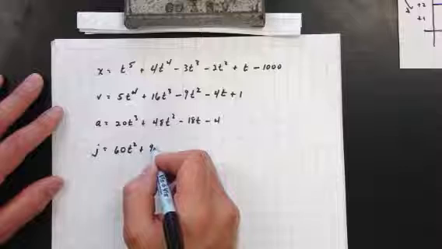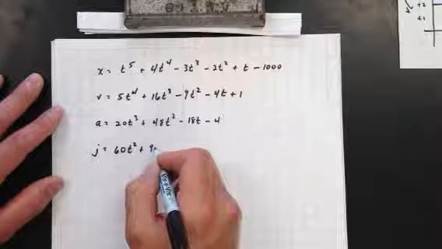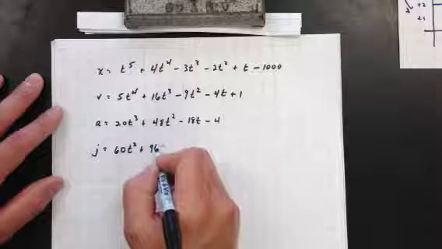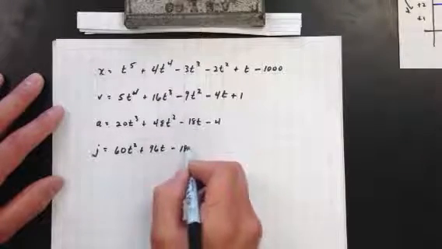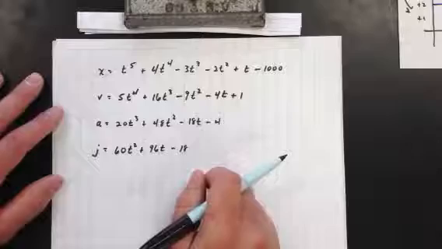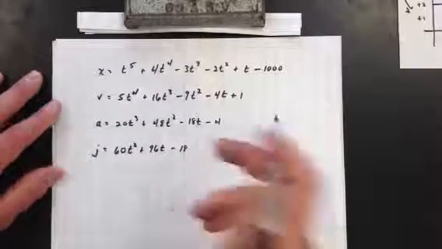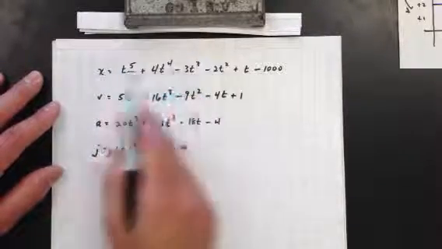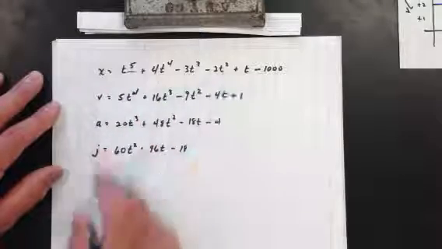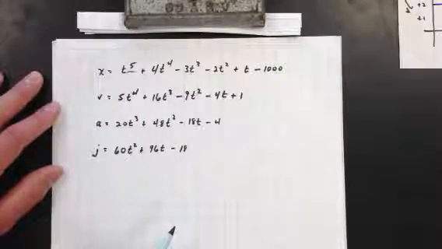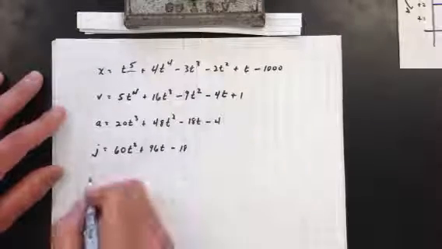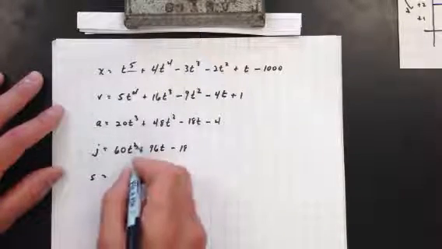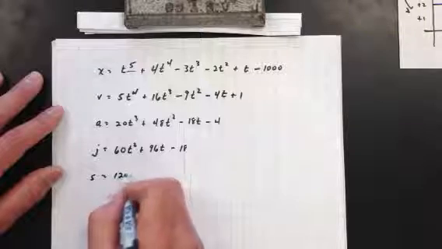Is that right? It's been a long day. 96t minus 18 plus 0. And you can keep going, because you're not going to get a constant until you do the 5th order derivative. So I don't know what it's called after jerk. I think it's called snap. Let's do snap. Okay, 2 times 60 is 120.